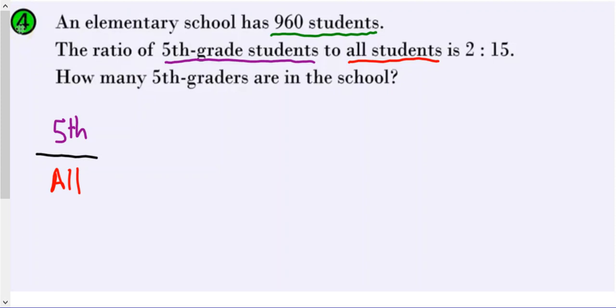And we get the ratio is 2 to 15, so 2 represents the 5th graders, so that's going to be on top, and 15 represents all students, so that's going to be on the bottom. And then we know that there are 960 students total. And we are trying to find out how many of those students are 5th graders, so that's our unknown.